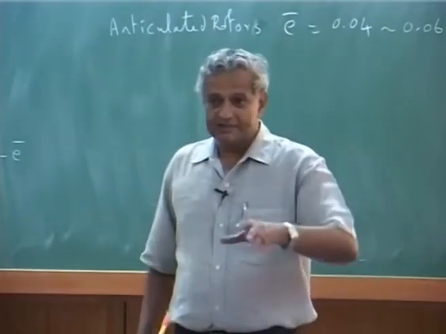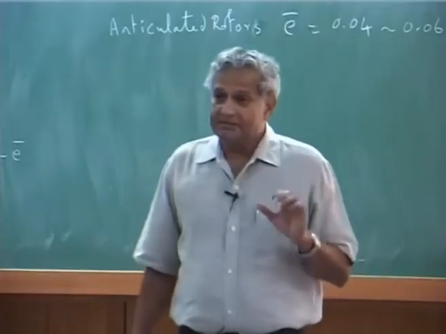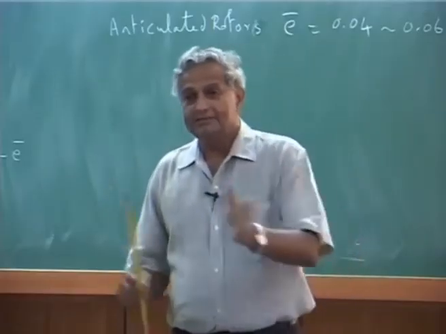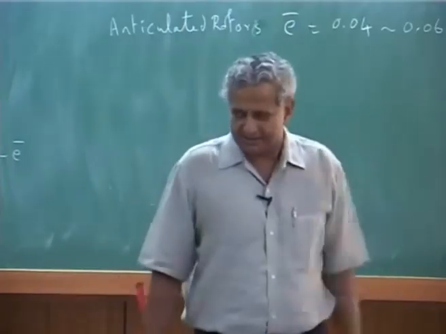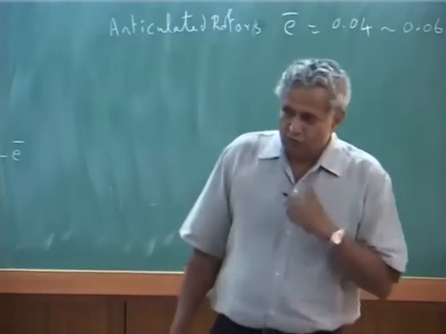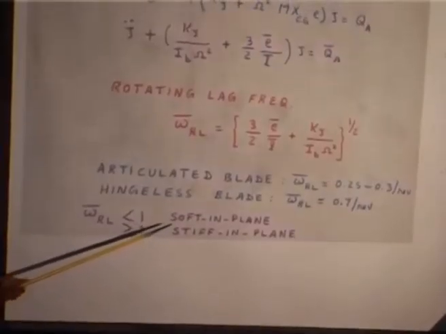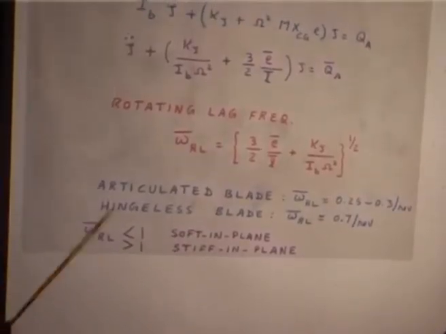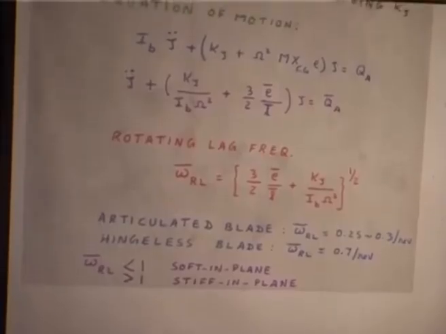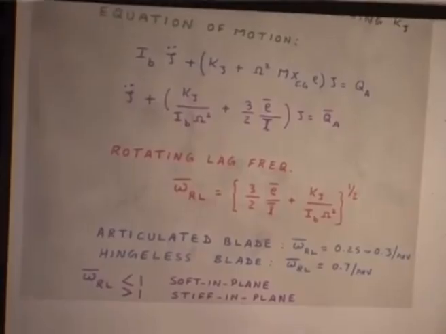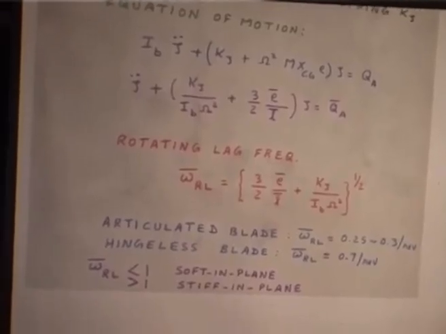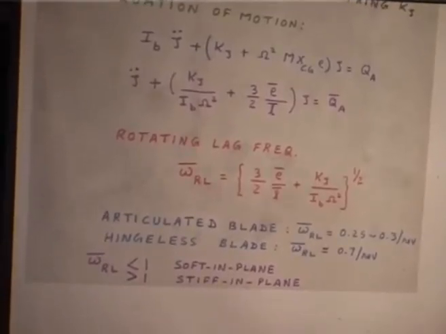Now, for you to analyze, then you have to solve coupled flap lag aeroelastic problem. I will not go into the details of that. Usually, if you take a stiff in plane rotor blade, stiff in plane means that lead lag frequency is greater than 1. You keep it around 1.5 or 1.4.